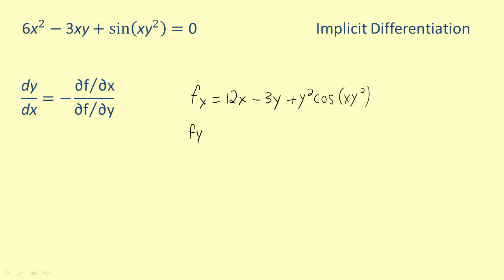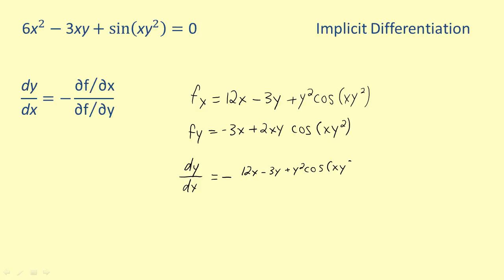Notice that the first term doesn't have a y component, so the partial derivative with respect to y is negative 3x plus 2xy cosine of xy squared. So the derivative of y with respect to x is negative the quantity 12x minus 3y plus y squared cosine of xy squared, over negative 3x plus 2xy cosine of xy squared.